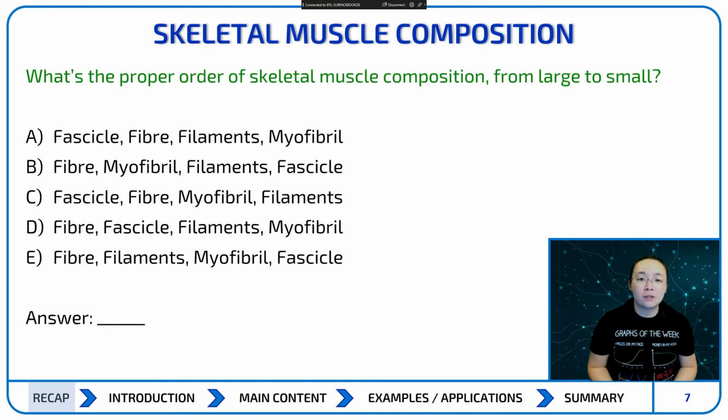Next, we talked about skeletal muscle composition, and to practice for some of the multiple choice questions that could come up, here's one. What is the proper order of skeletal muscle composition from large to small? If you take a look at the diagrams, you can figure out the composition as it gets smaller and smaller.